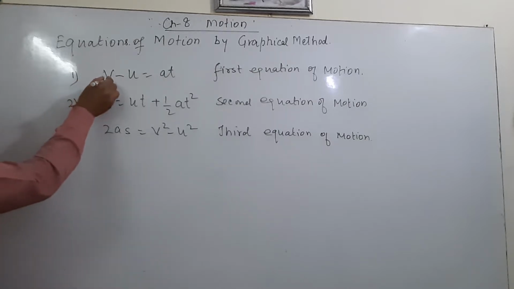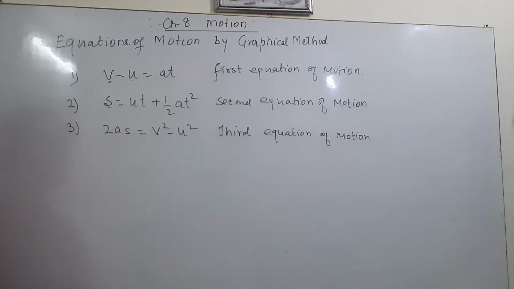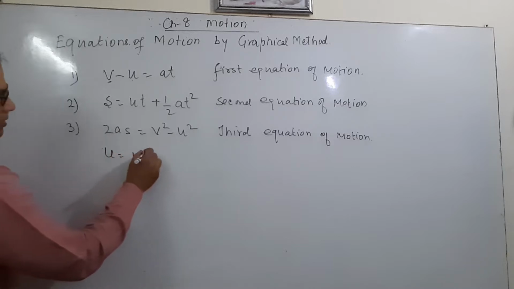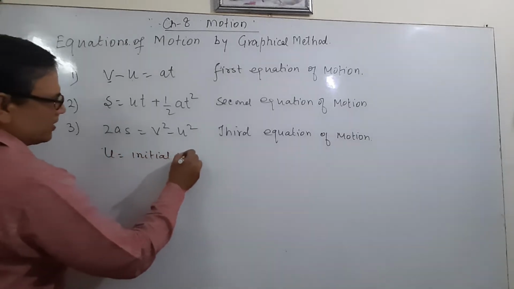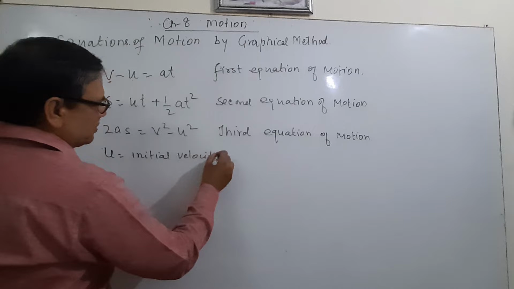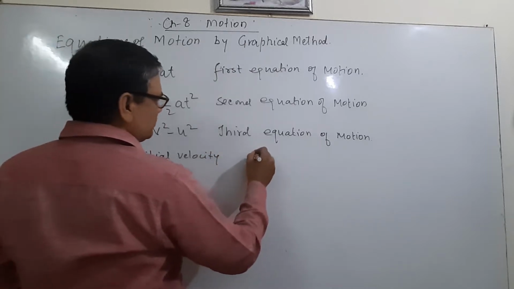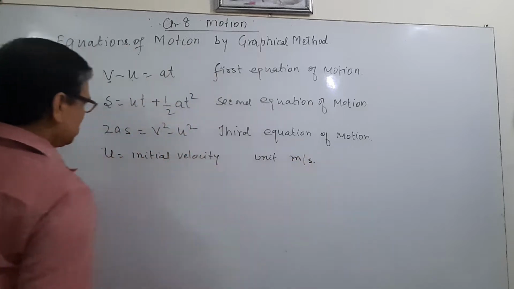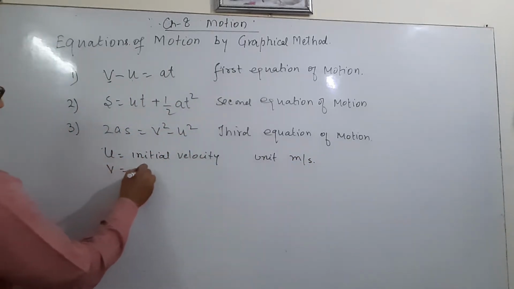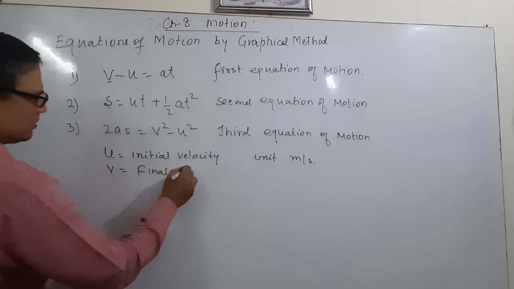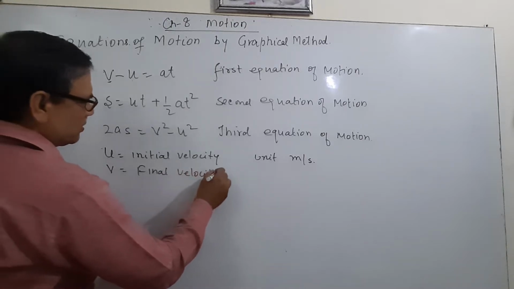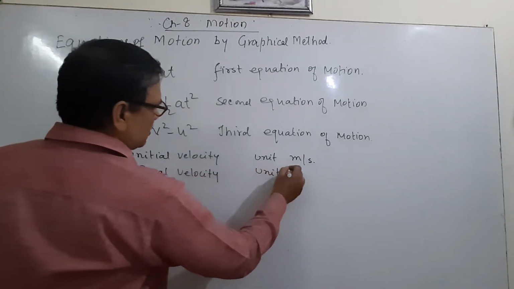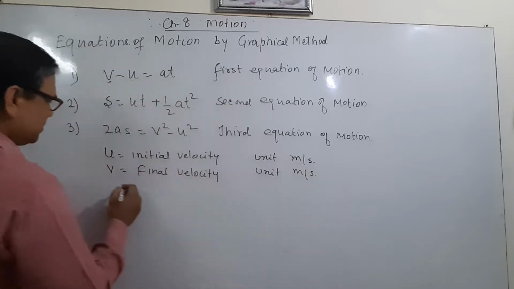And now the symbols which we are using: what is the meaning of each symbol and what are their units? First, u is initial velocity, unit is meter per second. v is final velocity, unit meter per second.